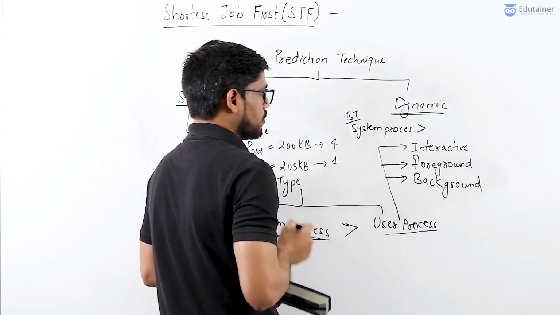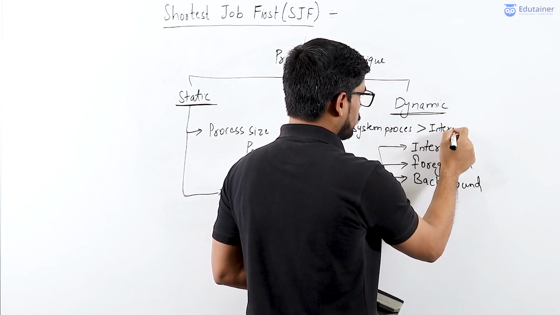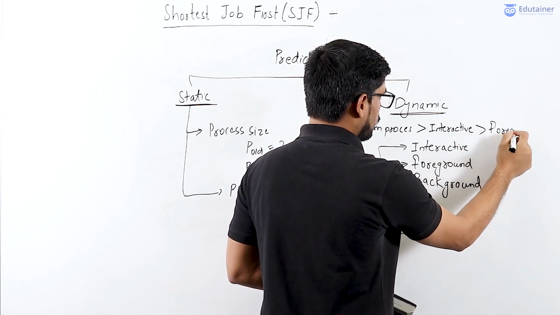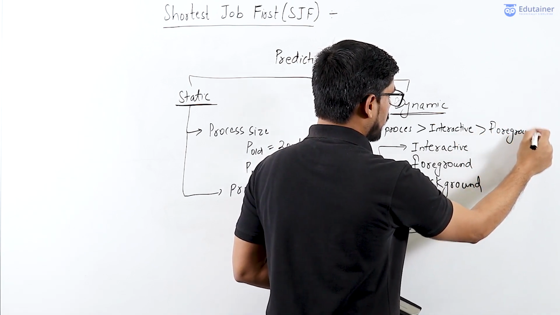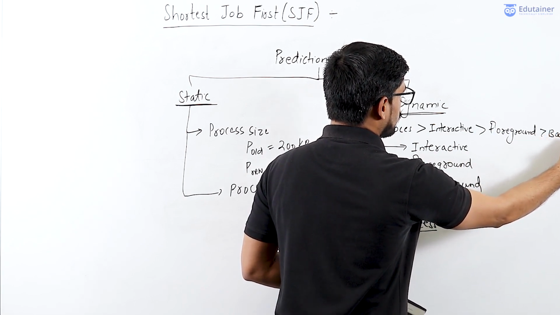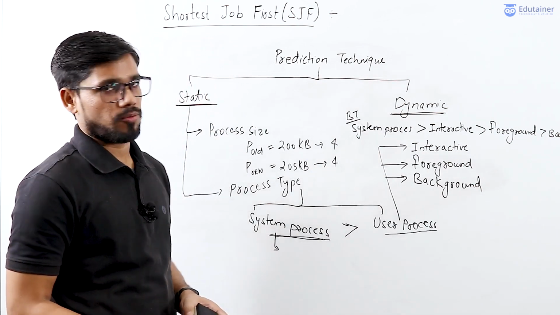I am talking about burst time prediction. Then after that comes the interactive process, then the foreground process, and finally the background process. So background processes generally need a larger time compared to the system, interactive and foreground processes.